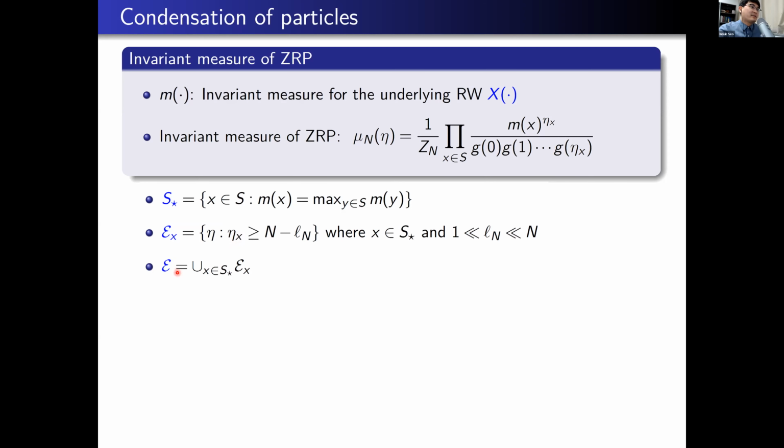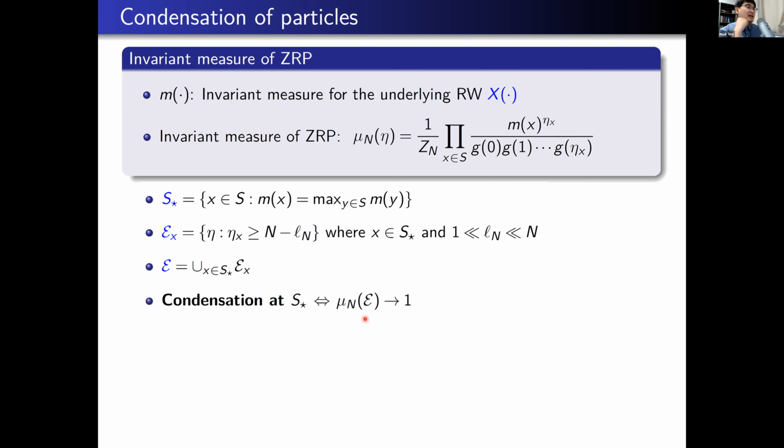Now we define the set E as the union of E_x, where the union is taken over S star. So for a configuration in E, the particles are condensed at one site among the set S star here.